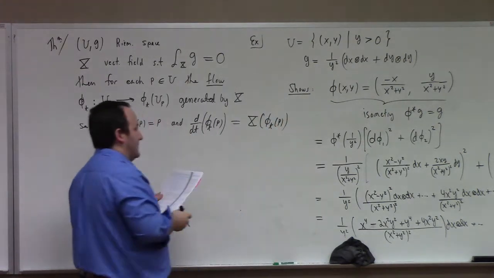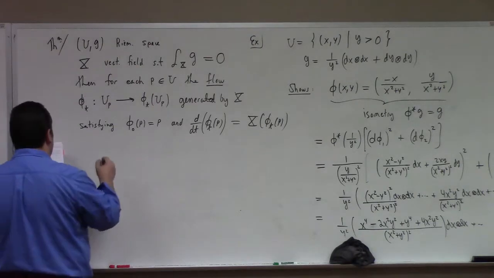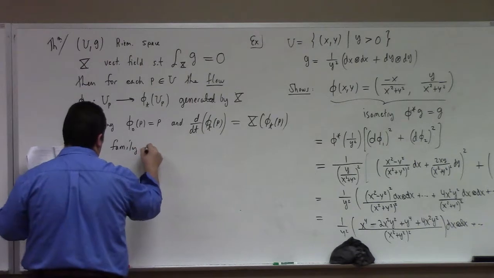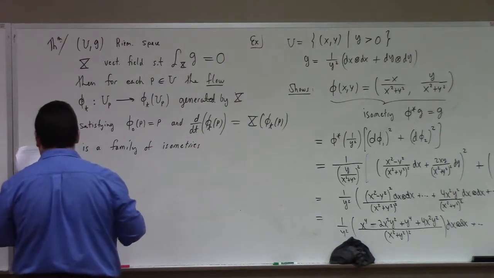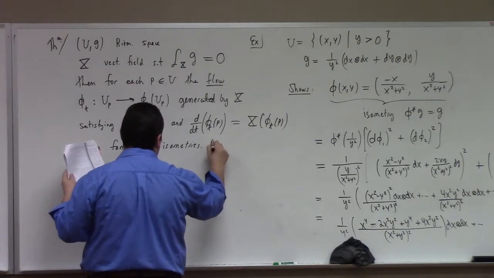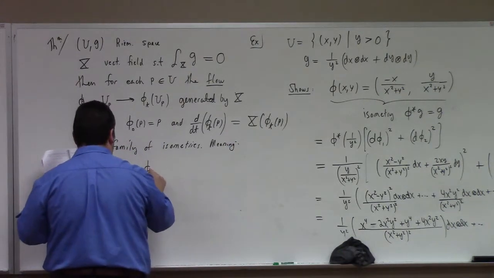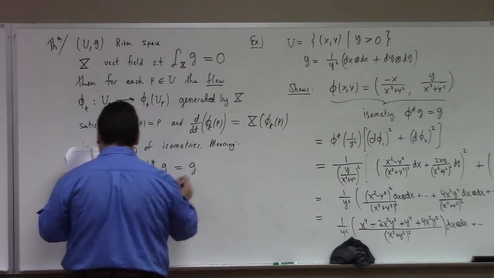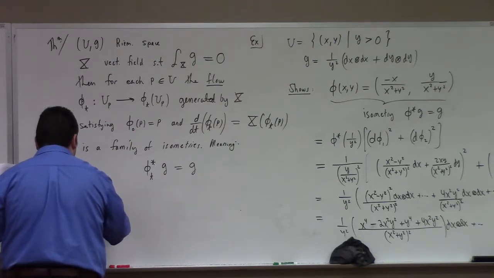That's just saying that the flow lines up with the vector field, right? But this is a family of isometries, meaning that the pullback under the flow of the metric is the metric again, for all such t that phi sub t is defined.